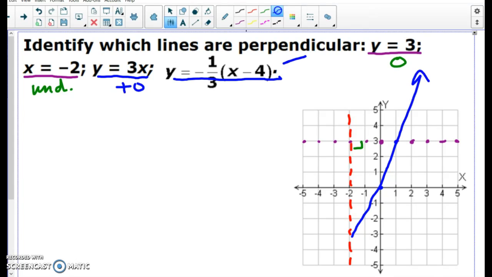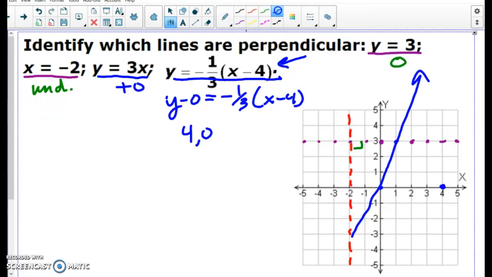The other line, let's look at this way. We have y minus 0 is equal to negative 1/3 times x minus 4. I just put that in point-slope form, our point being 4, 0. So we have an x-intercept in that line, and we know that we have a negative 1/3 slope.